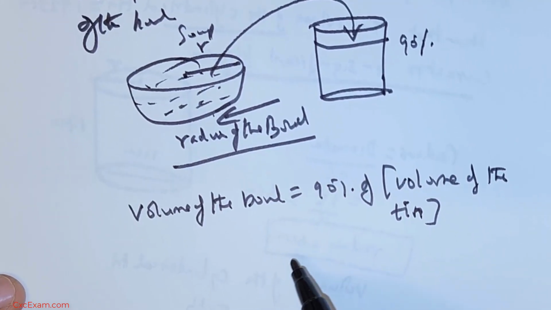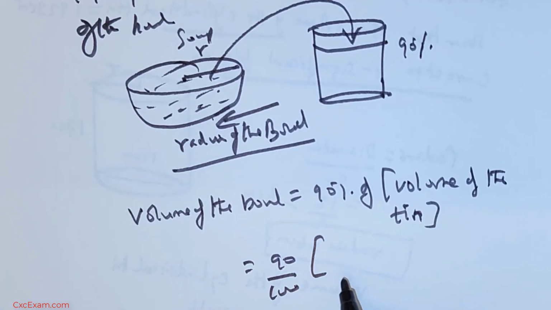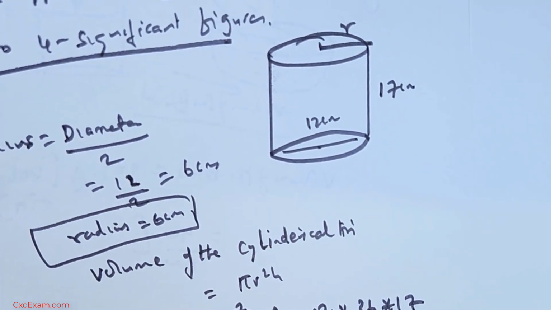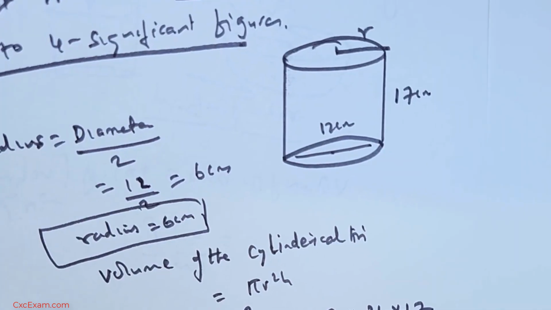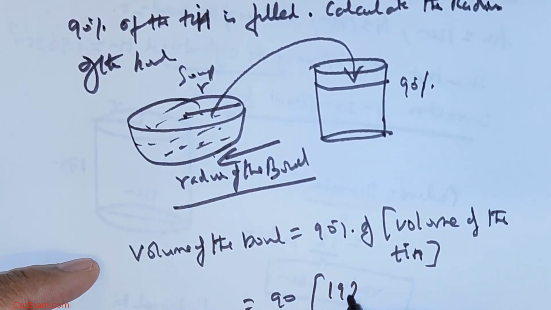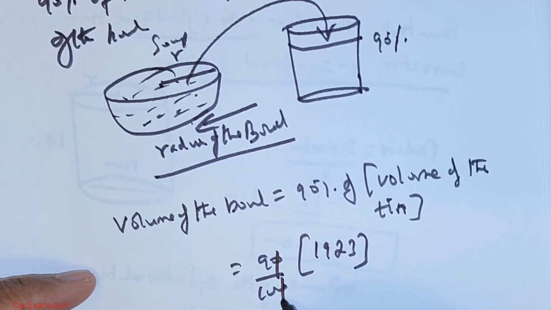So this is going to be rewritten as 90 over 100 times the volume we got here, which was 1923. Let me substitute that 1923. Now clearly the zeros get cancelled.